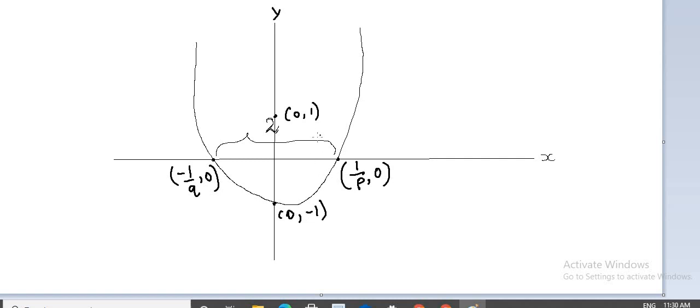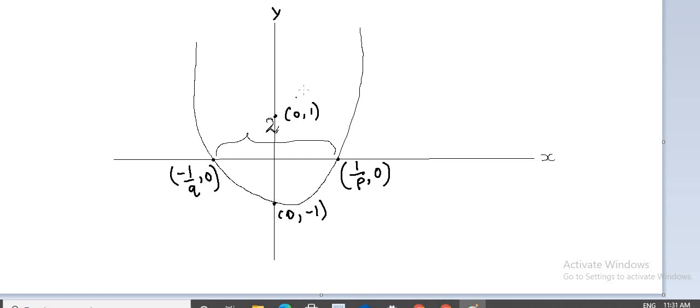Now it is very obvious that 0 comma 1 cannot be the point. Why? Because you can see that this does not lie on this curve. That's why we can conclude that 0 comma minus 1 will be the point of intercept on the y-axis. Now we already have these points. Let's find out what relations we can obtain.